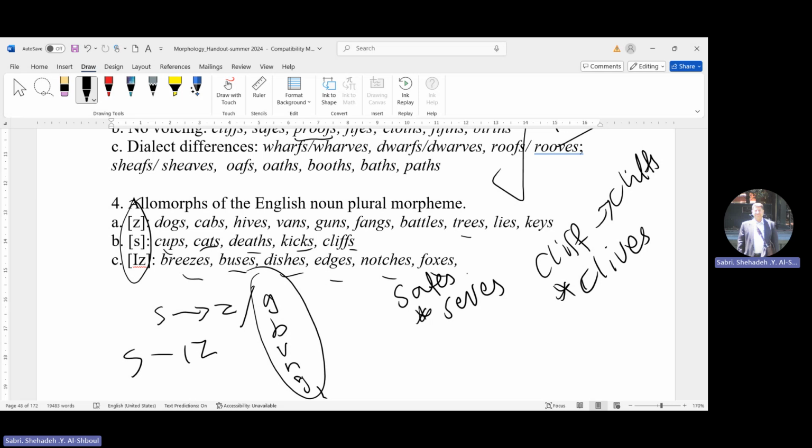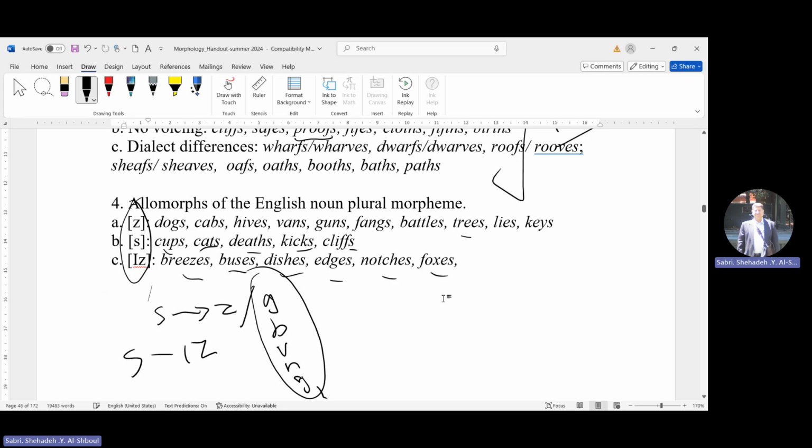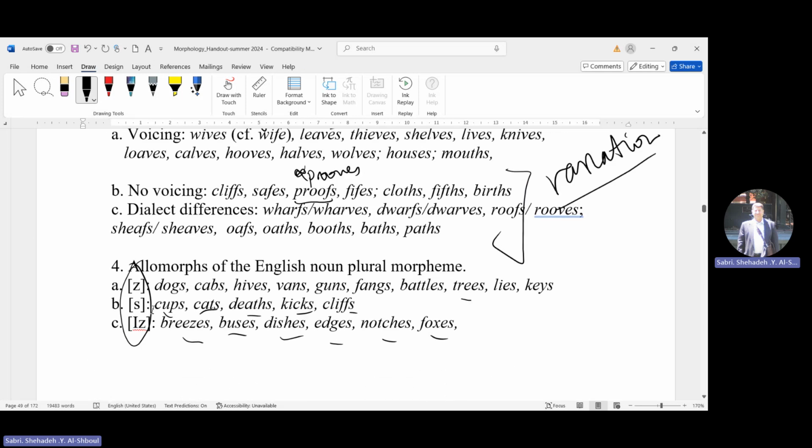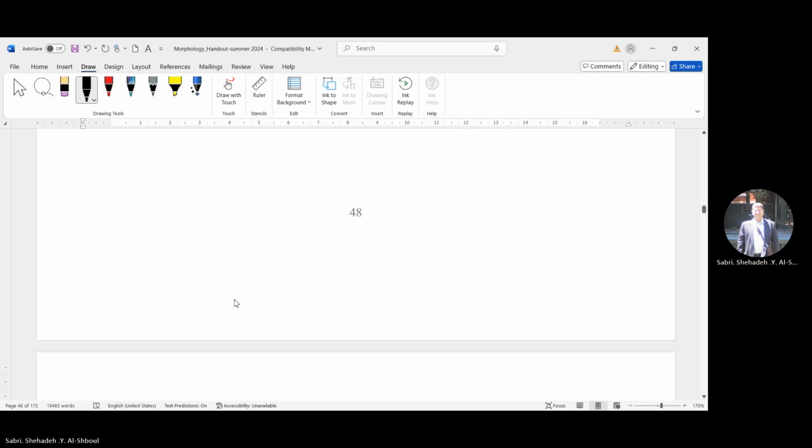So the palatals or sibilants in general. So here we notice that the variation is determined by phonemes. So here it is phonologically motivated allomorphy.